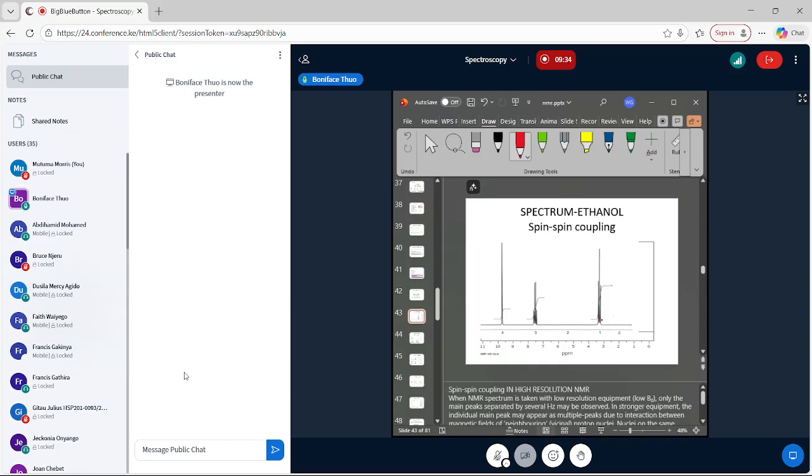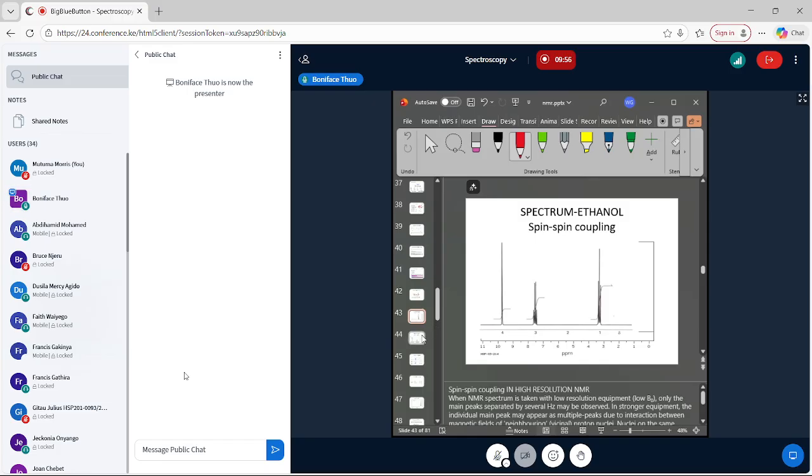It is due to the coupling of protons which are in close proximity in terms of distances or separation within the compound through bonds.